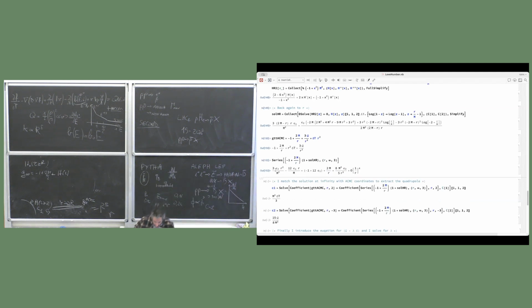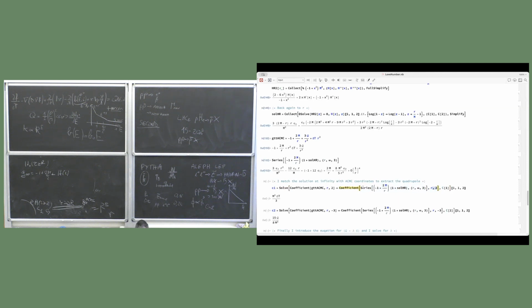And indeed, I recognized before I brought the notebook that the C1 constant is related to the divergent part of the metric. So basically what I'm doing here is expanding the solution for large r, and then taking just the coefficient of this expansion in powers of r, which is r squared.